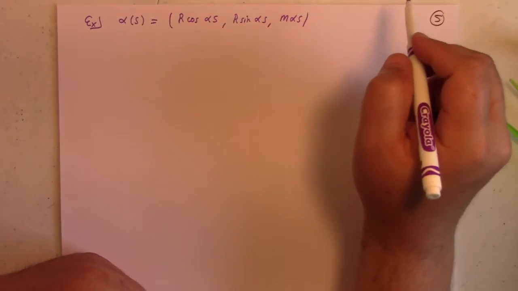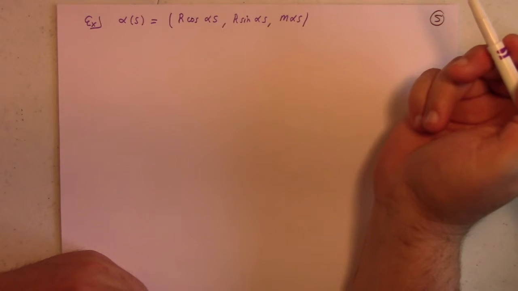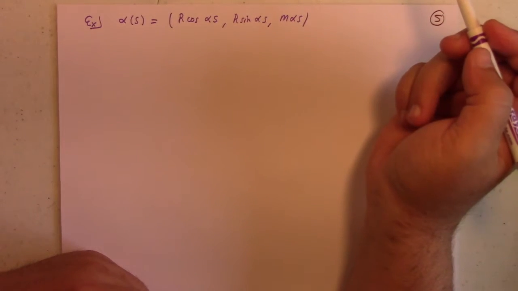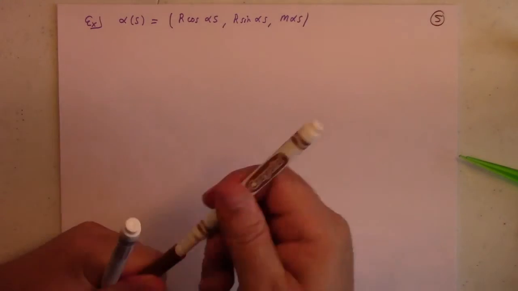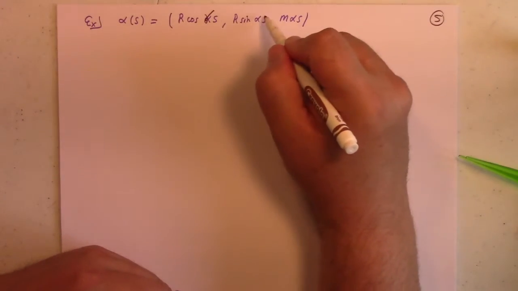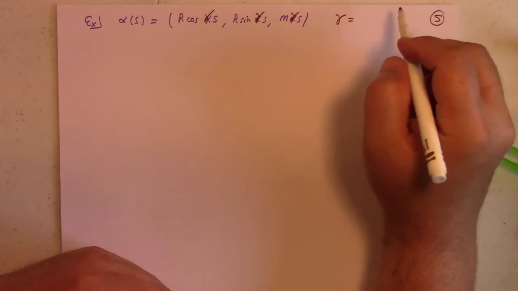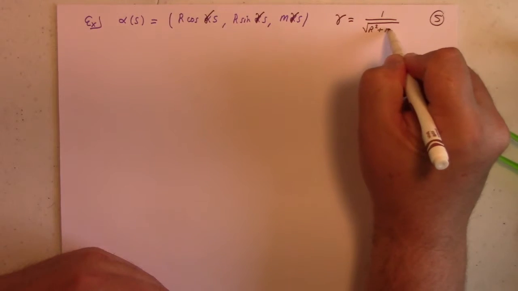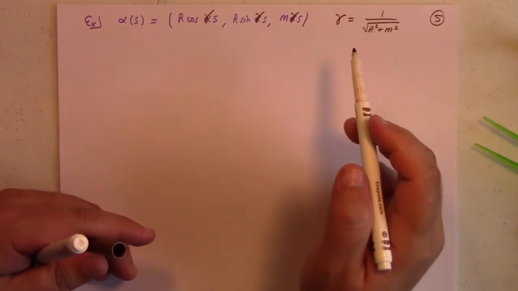Alpha, what a horrible choice of notation. Let's choose a different label, let's make it gamma. Gamma equal to 1 over the square root of r squared plus m squared will do nicely, just to keep me from writing that again and again.